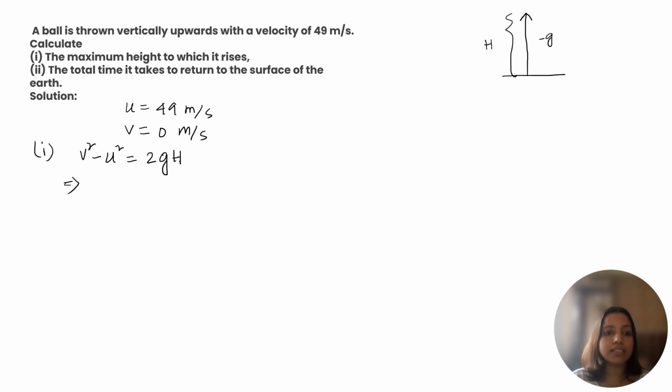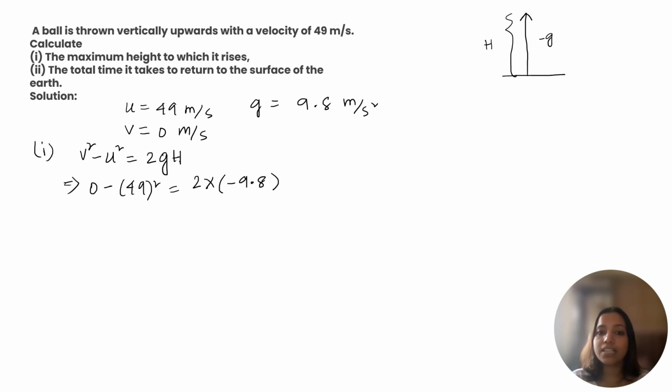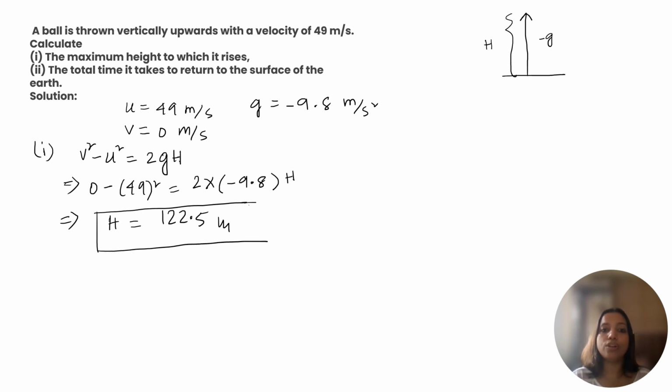So v is 0, minus 49 square, is equal to 2 into, now the value of g would be negative, so minus 9.8 meters per second square, because we know g is 9.8 meters per second square, but since here the ball is thrown vertically upward, we have to take the negative value of g, then h. After calculating this, you will get h equal to 122.5 meters. So that is our maximum height to which the ball will rise.